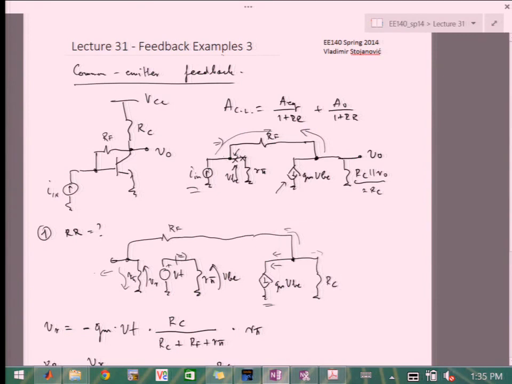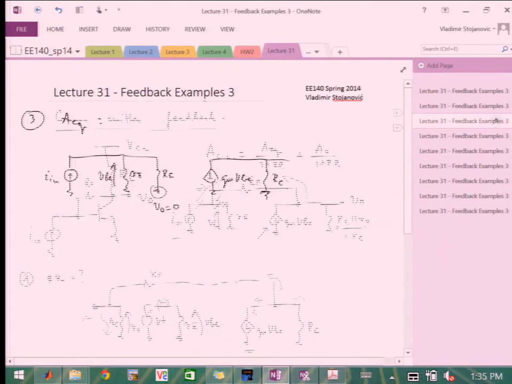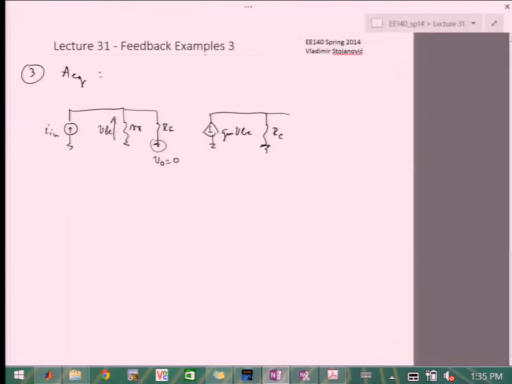So in this case, when this is 0, then this branch is just gone because it's a current source. So we're really seeing RF in series with R pi. I'm going to do it like this, and this open is because I in equals 0.